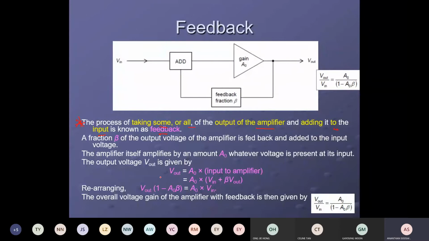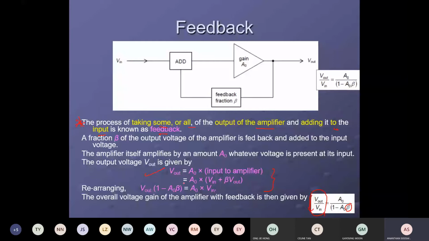Adding into the input. So this is the formula proving that the output over input is getting smaller. The gain drops because beta is the fraction of the output that has been channeled back into the input. So you see in this formula, the input to the amplifier is increased, as beta V out has been added into the input.